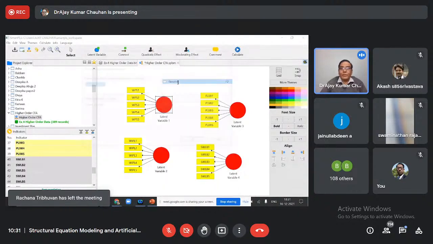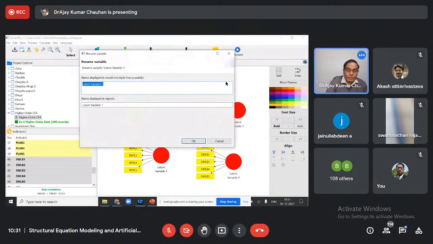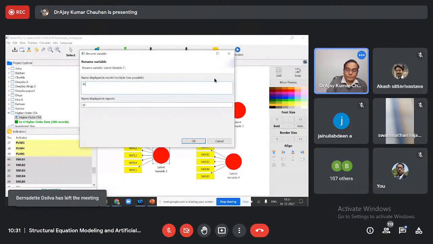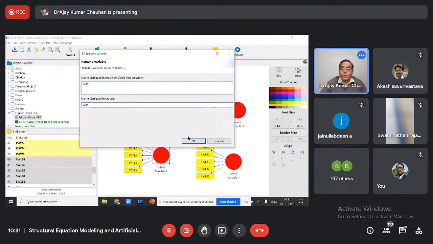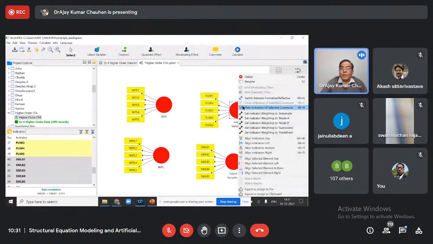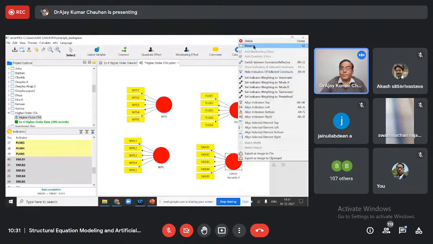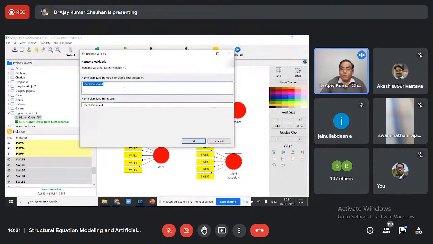First of all, I have to rename it, otherwise I am not able to see. WPS, and this is WIPL. Okay, and this is PLIW. And this is the SWLB.